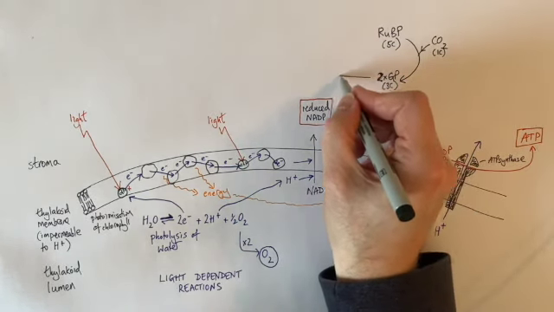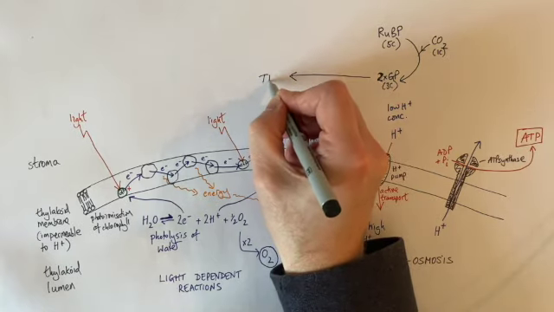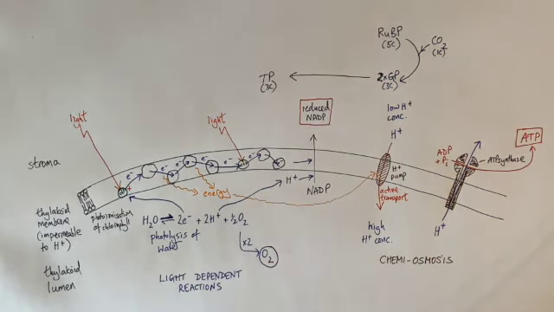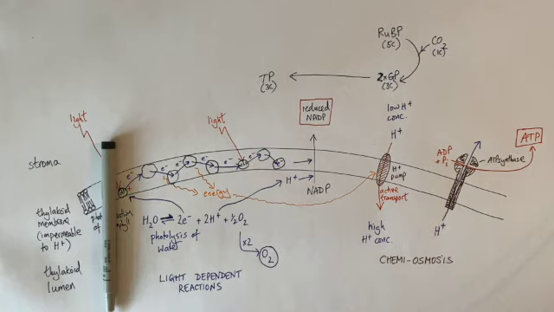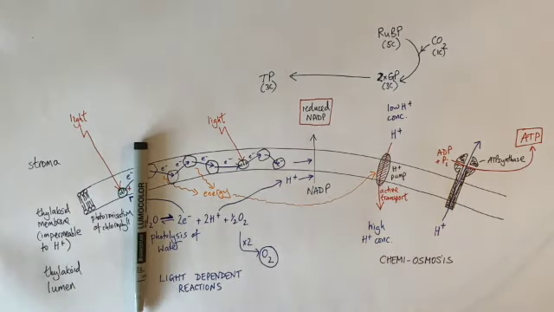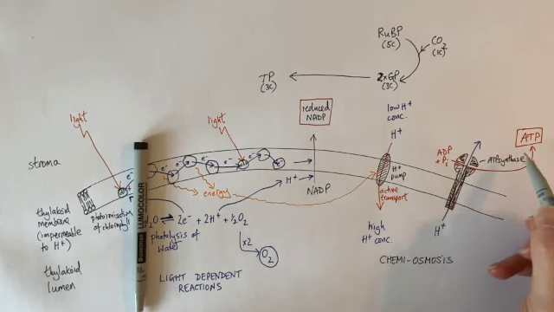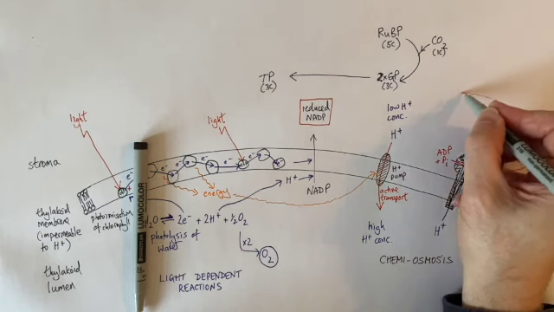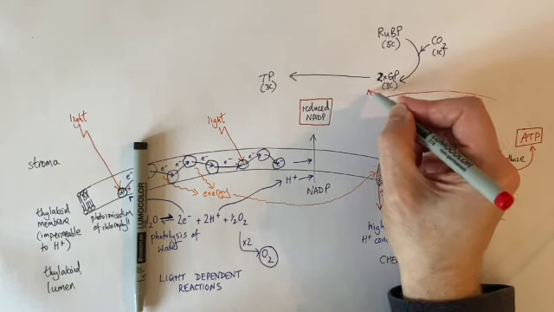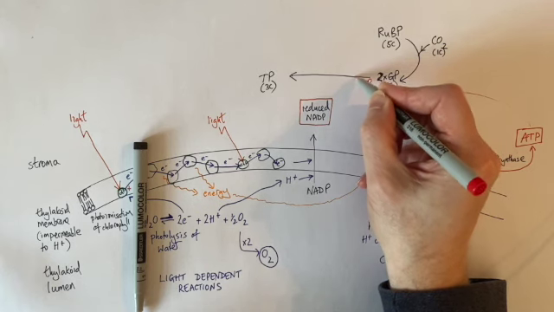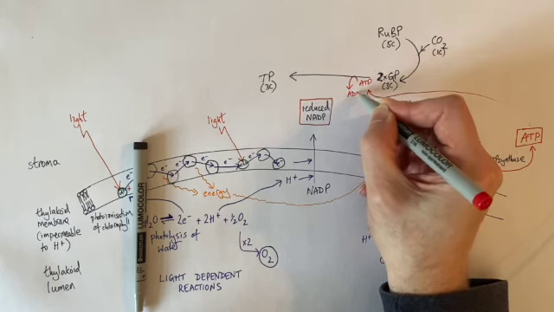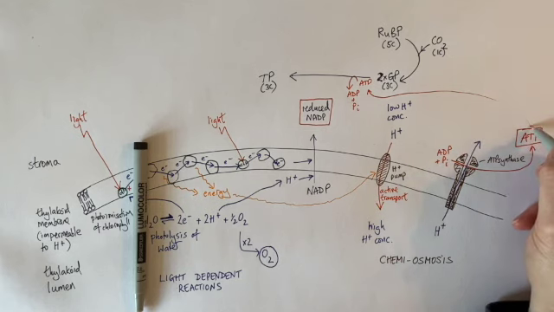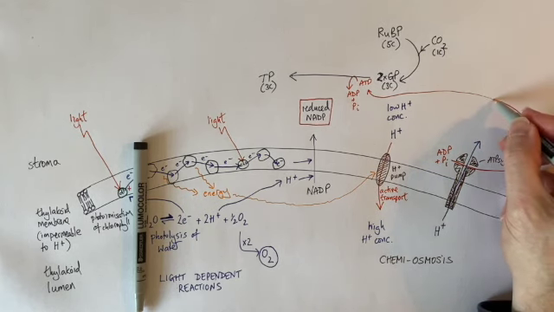That GP is then converted into triose phosphate, which is also 3 carbons. But in order to do that, it needs some other substances. And these substances are here. It needs ATP, and ATP breaks down into ADP and an inorganic phosphate, to release energy for that process to take place.